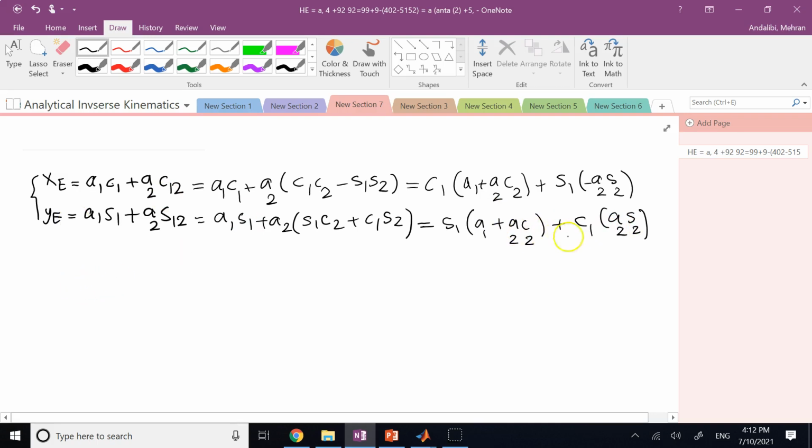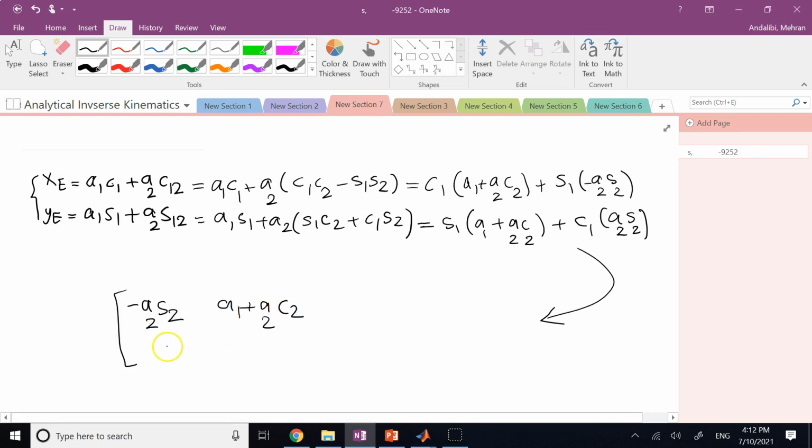So if you want to write this in a matrix format, you can write it as, if I formatted it as one, it is going to be negative A2 sine theta 2 and A1 plus A2 cosine 2.